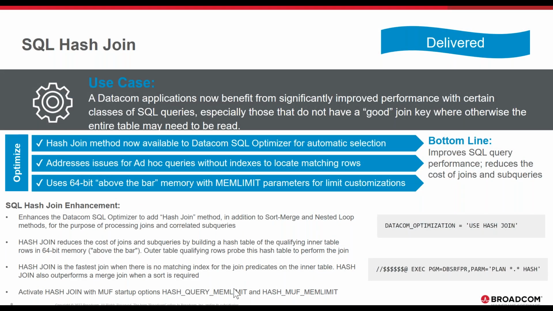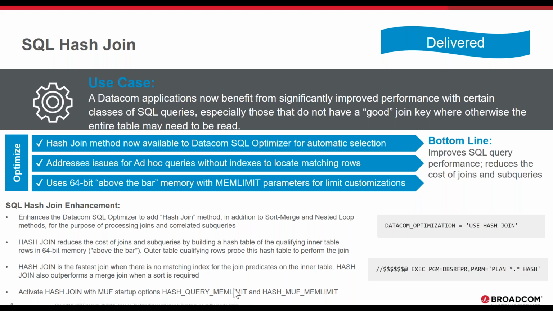So this pretty much summarizes the whole talk on one page. It's a new join method, and the optimizer will select it, but you can also manually select it. Its main purpose is for ad hoc queries where there's no good index on the inner table of the join.